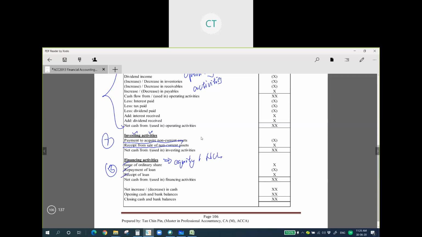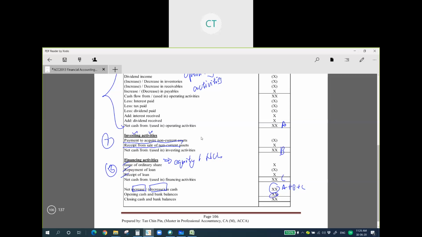So after you complete the 3 sections, you can identify whether this is a net increase or decrease in your cash. This amount, where do you get it? A, B, C. So this is A plus B plus C. If the amount is positive, increase. If the amount is negative, decrease. And then we adjust with opening cash and bank balances.